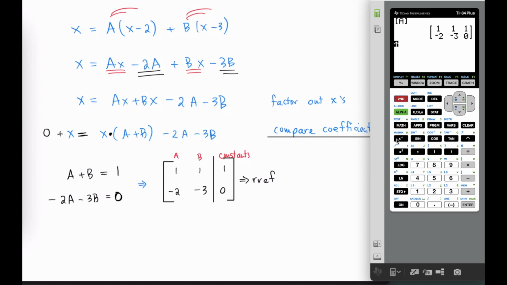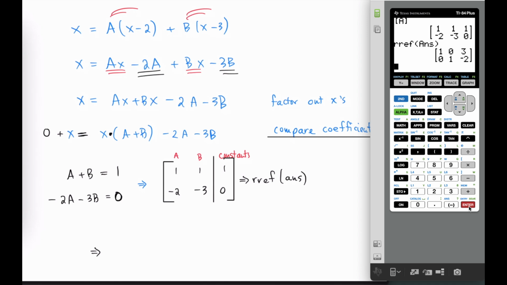So now I'll say second matrix and then go to the right one to get to the math menu, and we want to go down the list until we get to reduced row echelon form, which is RREF. Hit enter, and then we'll say second answer in order to operate on the matrix that is now in the answer field. We hit enter.